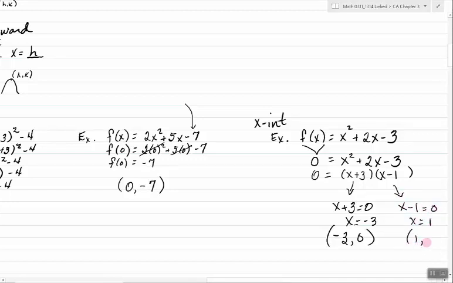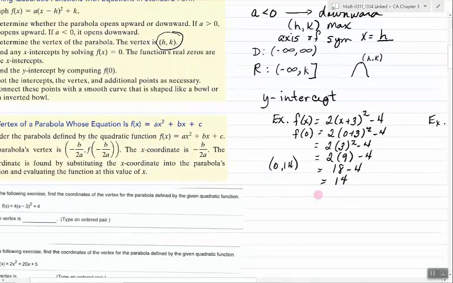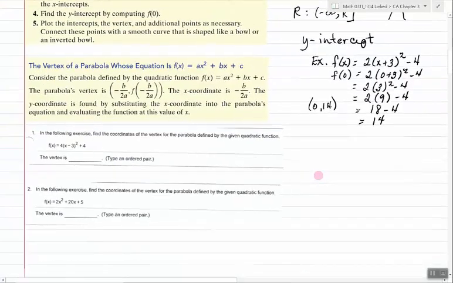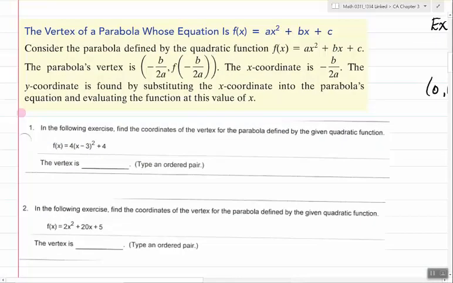That's the point (1, 0). Now it just depends on what kind of equation this becomes, how easy or difficult your process is. That's x-intercepts. So hopefully we have all the tools that we need. Let's go ahead and take a look at our problems.